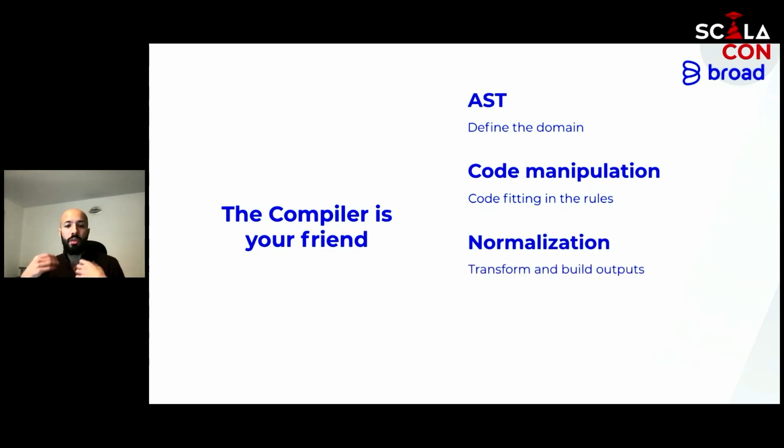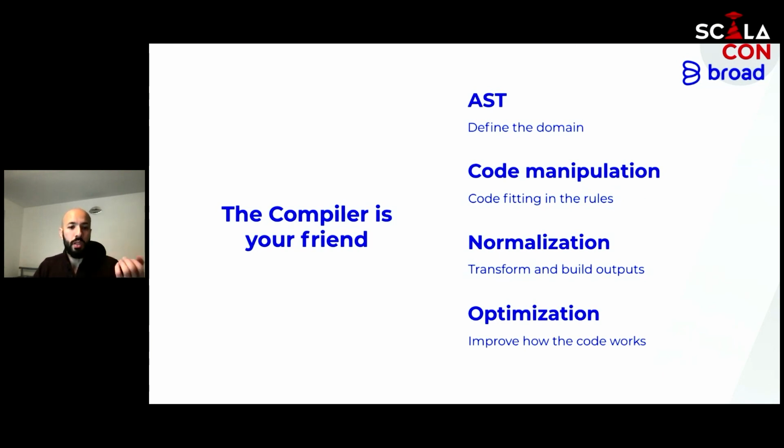You can then normalize it, and then you can transform it. You can build outputs. And from the moment you know how to follow those rules, and you have the concept of reduction, you can start optimizing. That's when you try to improve how your code works. It's a massive challenge, and it's very deeply interesting.